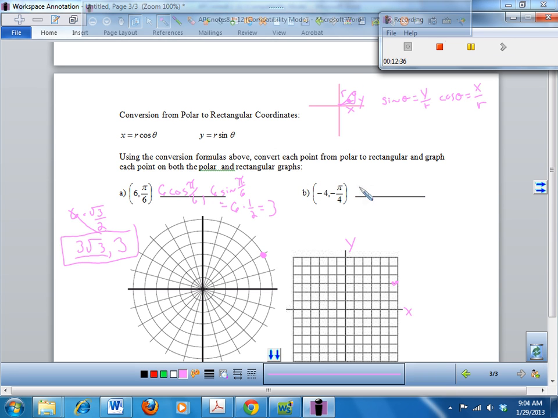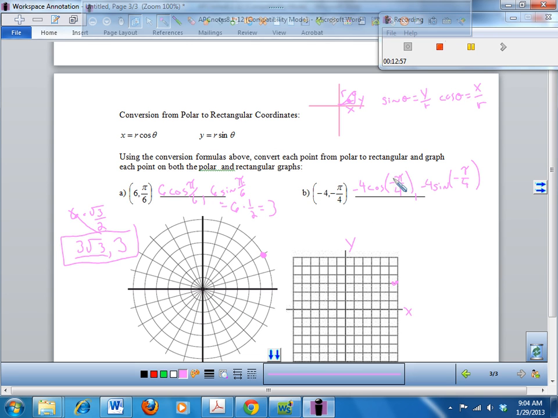This one would be negative 4 cosine of negative pi over 4, comma, negative 4 sine of negative pi over 4. And so the cosine of negative pi over 4, that's down here, right?